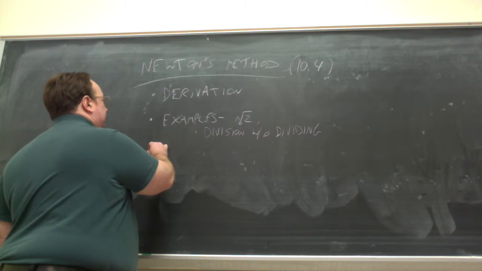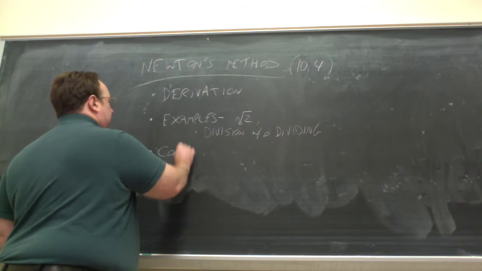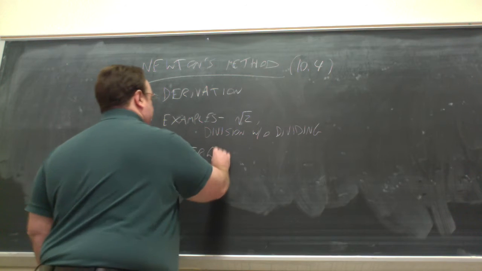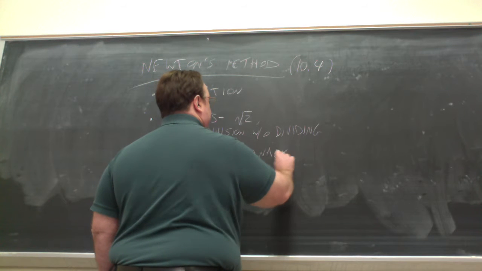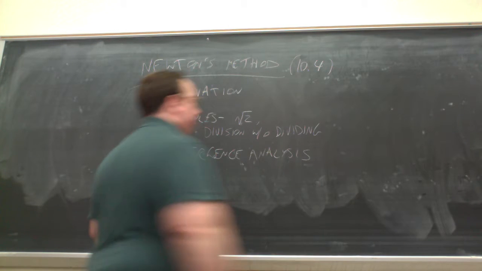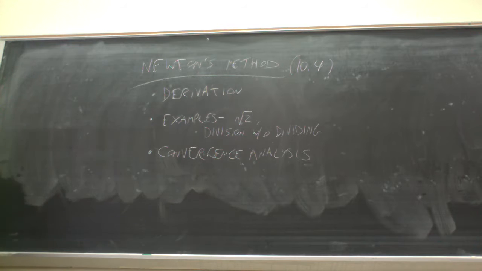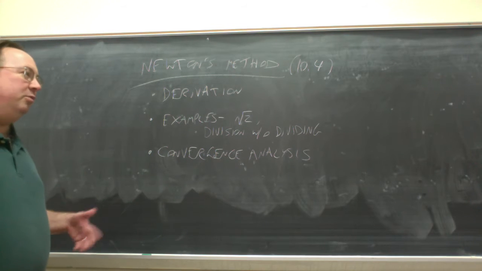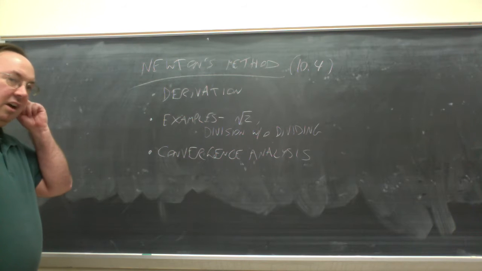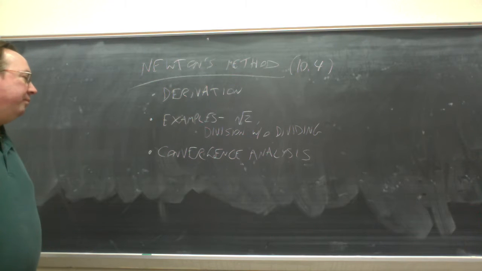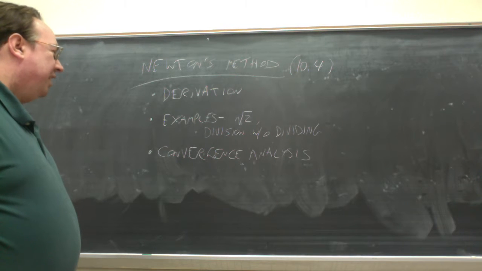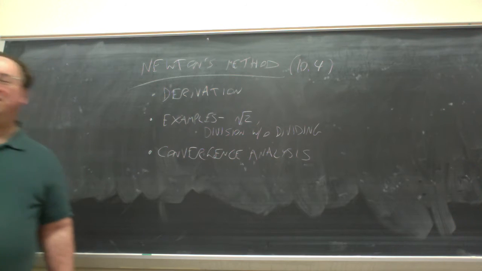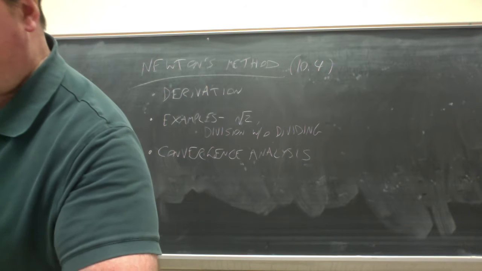And then some convergence analysis, because we've seen two methods, bisection and fixed point iteration, that converge linearly. And also what the asymptotic error constant is. So what will it be for Newton's method? I'll probably run out of time by that point, but we'll just see what happens.